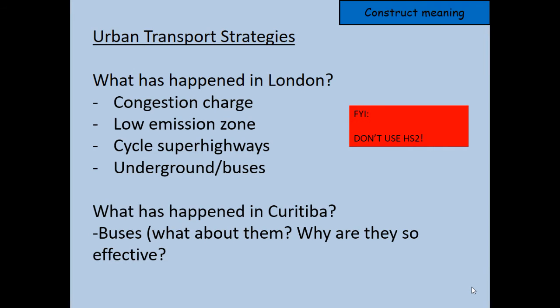Okay, so you can really move a lot of people with these buses because these buses are huge. They're really, really long, really, really efficient. And you can pretty much go anywhere for the same price, just a flat rate. Okay, so that's why the buses are so good in Curitiba and why everyone uses them.